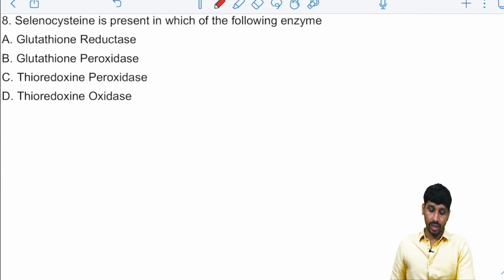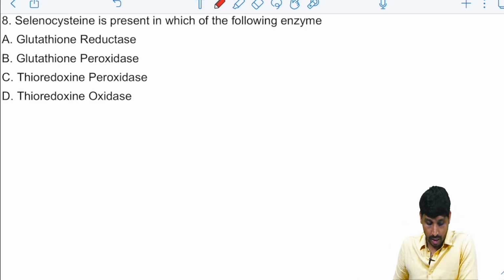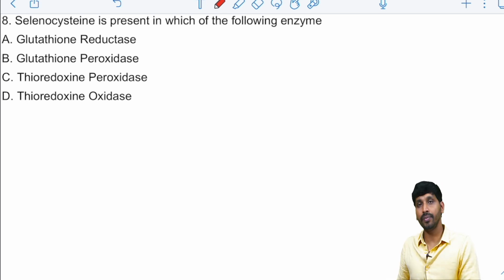And eighth question, selenocysteine is present in which of the following enzymes? Glutathione reductase, glutathione peroxidase, thioredoxin peroxidase, thioredoxin oxidase, right? If you recollect, selenocysteine is the 21st amino acid. Selenocysteine and pyrrolysine are the new inventions.